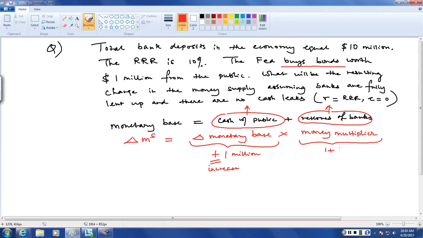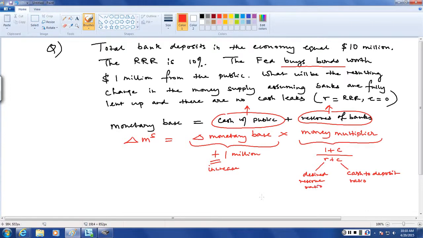One plus C, that's right, divided by C plus R. Correct? Where C is what? C is the cash to deposit ratio. Right? And R is the desired reserve ratio.